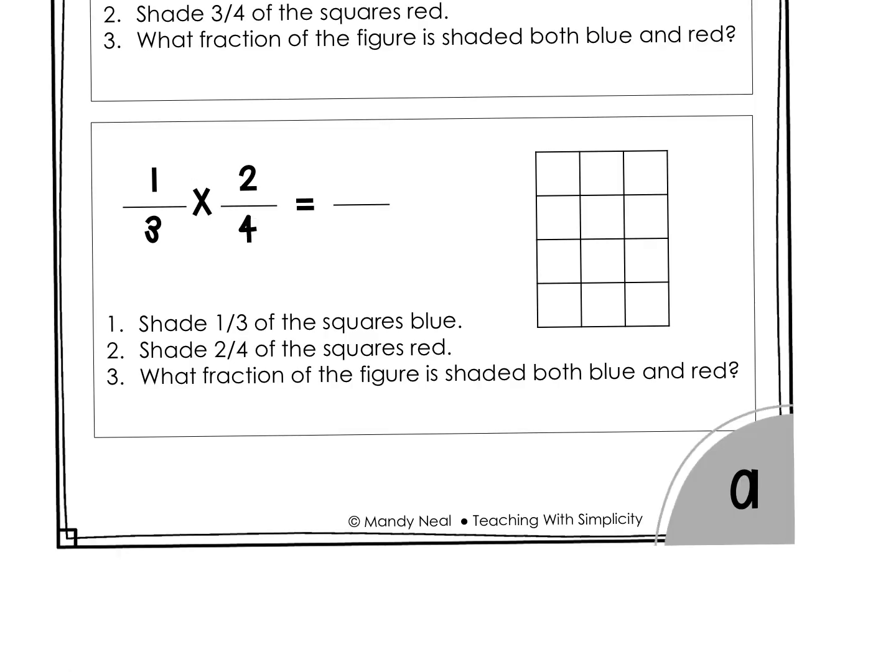Okay, on this one, I'm going to actually use the red and blue like it says on my paper. So it says shade 1/3 of the squares blue. So if you were doing 1/3, you're looking to find your 1/3 right now. Is it going to be columns or is it going to be rows? Columns. How many of the columns do I shade? 1. So only one of these will be blue. Okay, that's blue. This is red. 2 of the 4 rows need to be shaded.